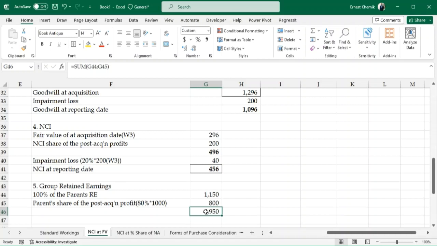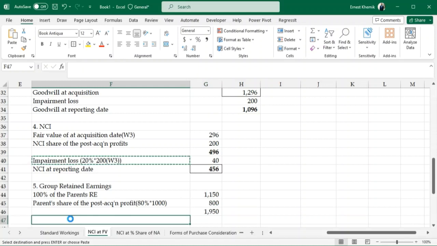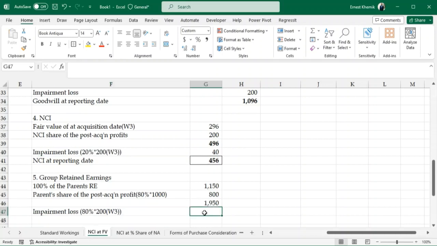And then, as I said, we have shared 20% of the impairment loss, so the remaining is going to be allocated to the goodwill. So we will have here 80% instead of 20%, and then I can quickly have that equals 0.8 multiplied by my 200, and that will give me 160.